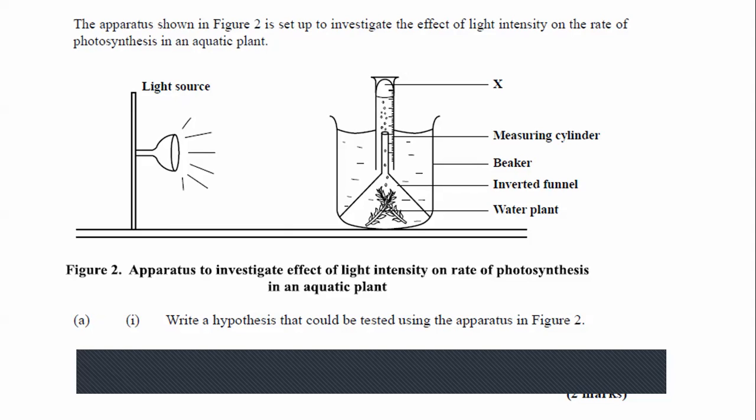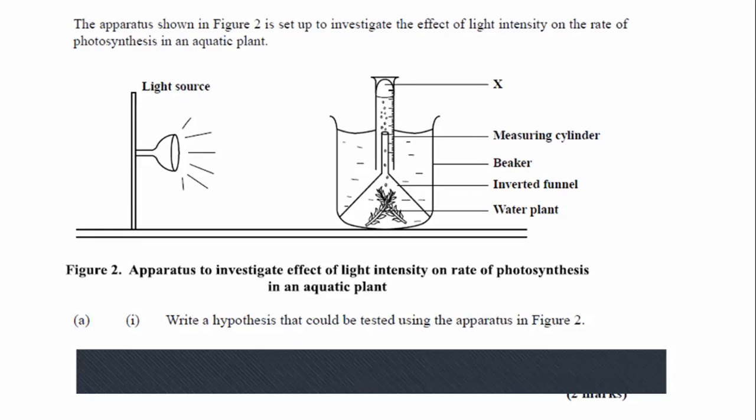So please ensure that you read the questions carefully because it's right there. Investigate the effects of light intensity on the rate of photosynthesis in an aquatic plant. Sometimes the diagrams we're so familiar with what the process is about that we miss what they're asking us.